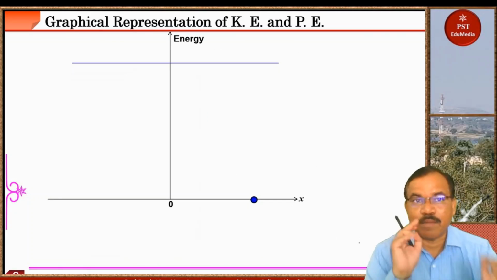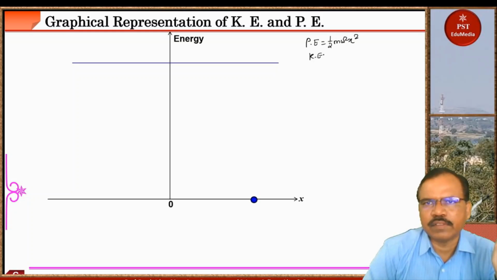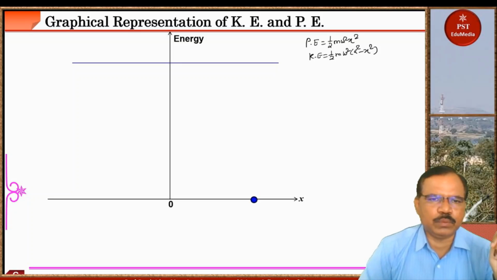So if we see here comparison, now we know potential energy PE or V is 1/2 m omega square x square. Kinetic energy is 1/2 m omega square (a square minus x square). A is amplitude.